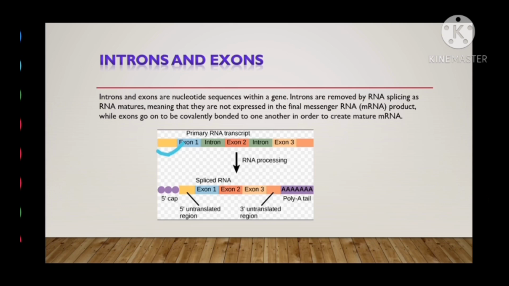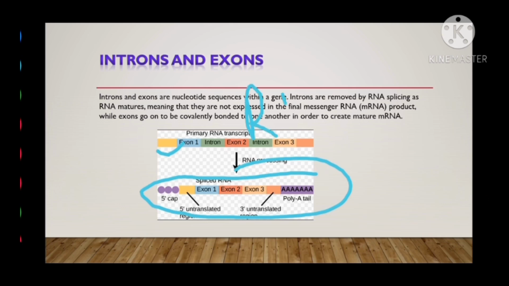Finally, what happens? The RNA which we need for protein synthesis should code for protein, because we do not want introns. So introns become undesirable in that case. What happens, children? All the introns are now removed by the process of RNA splicing, right?